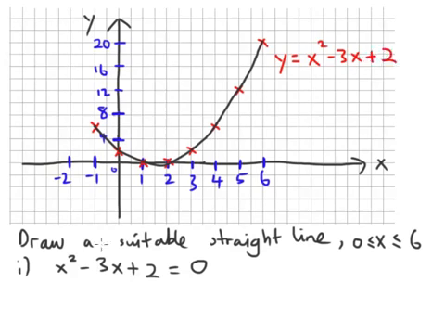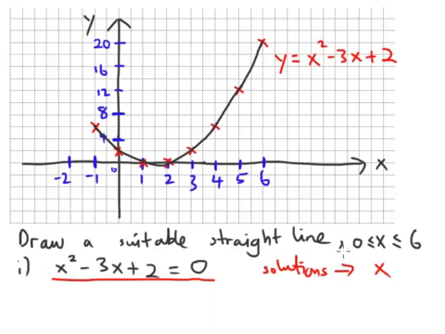So it said draw a suitable straight line into this graph so that we could find the solution for x squared minus 3x plus 2 equals 0. The solution means the value of x. And this is a graphical method by drawing a suitable straight line.